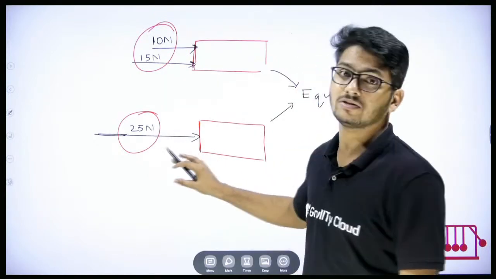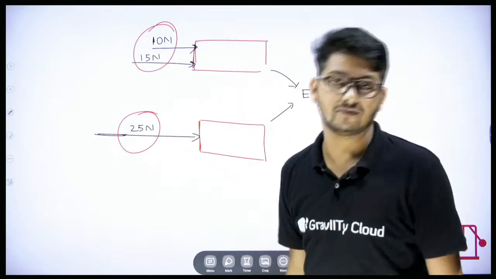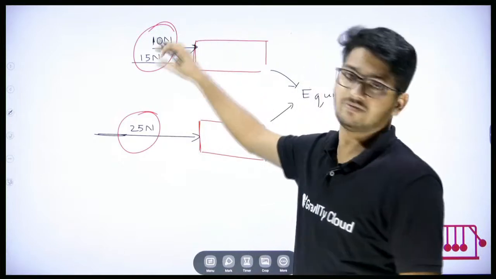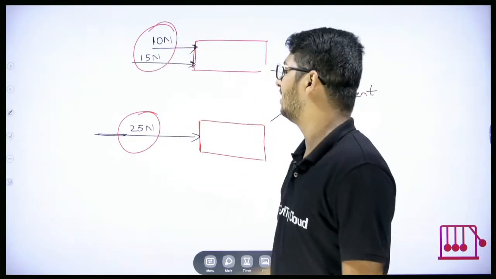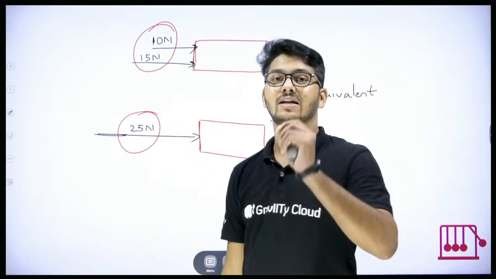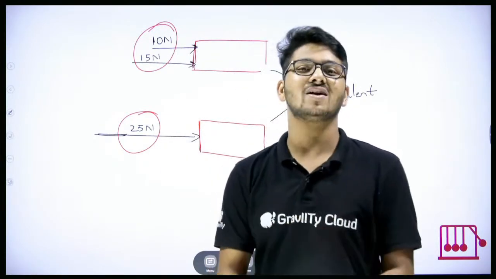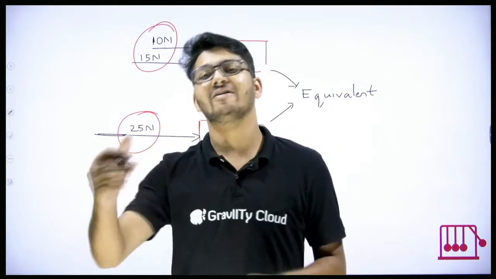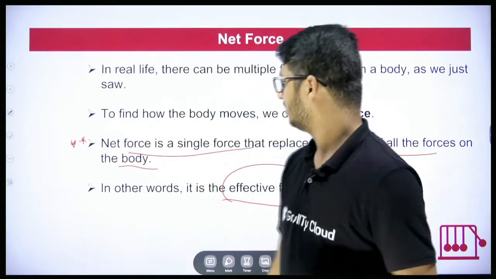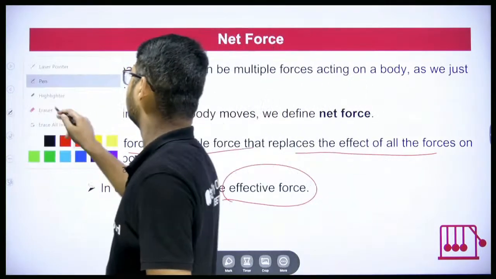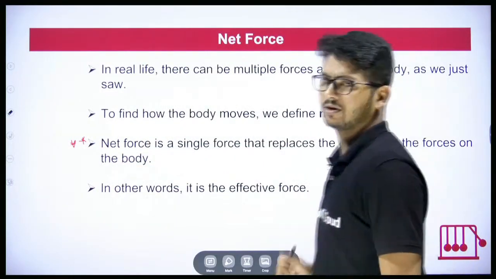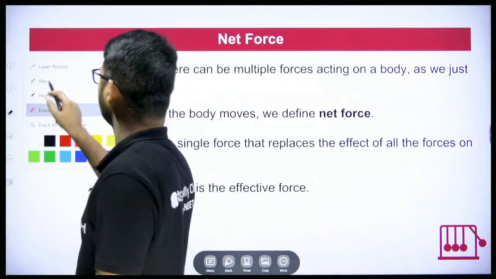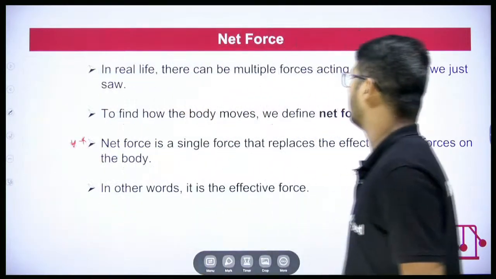So the multiple forces acting on a body can be replaced with a single force, and that single force is called what? Net force, or the effective force. Clear? So that's what the third point is about. And the third point is important. Okay? Good? That's wonderful.